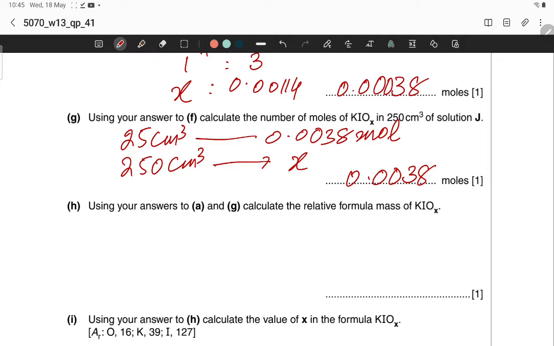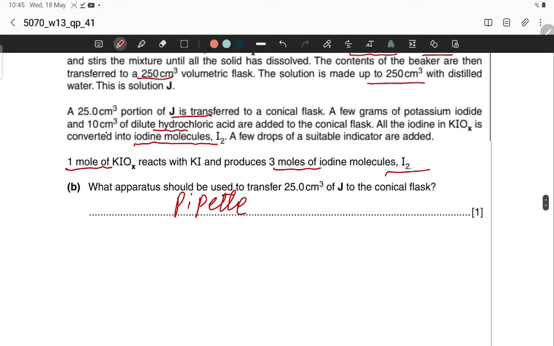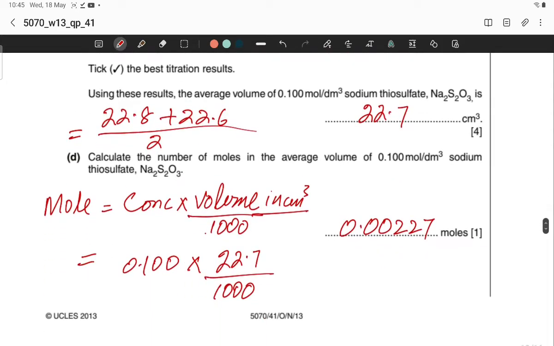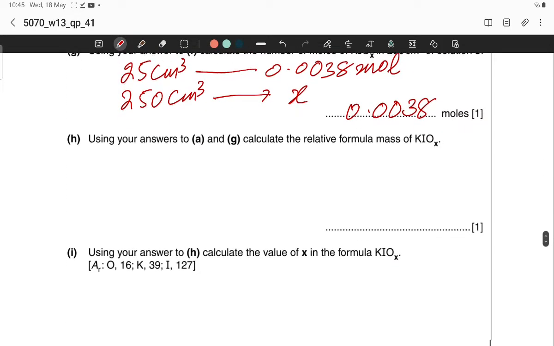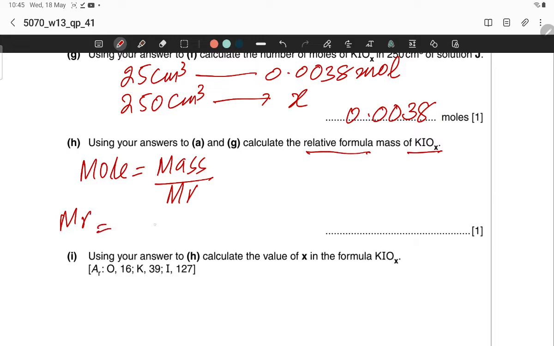Using your answers to A and G, what is A? The answer is 0.81. Calculate the relative formula mass of KIO_x. Moles is equal to mass over Mr, so Mr is equal to mass over moles.